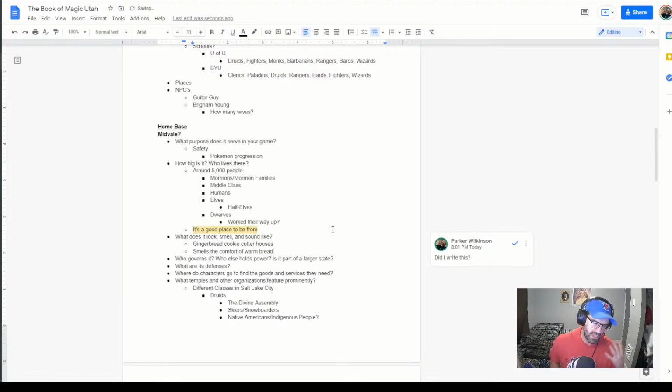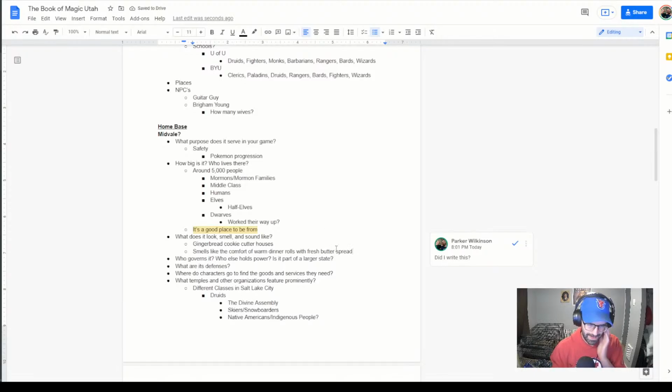Kind of a rich, full smell. Kind of like a baguette is what I'm thinking. Like French bread, like warm loaves of bread. Oh, maybe rolls. Oh my gosh, yes, rolls is really good because Utah does a lot of dinner rolls. Smells like the comfort of warm dinner rolls with fresh butter spread.